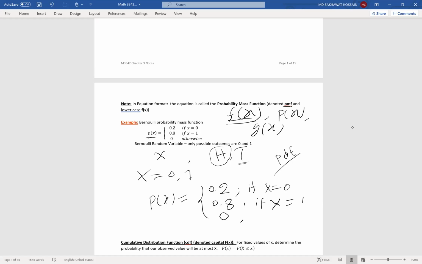For the other values of x, we cannot have any positive probability, because if we had more probability, then the total probability would be more than 1, and it would not be a probability distribution function. That's why we say that otherwise the value of f of x or p of x is 0.